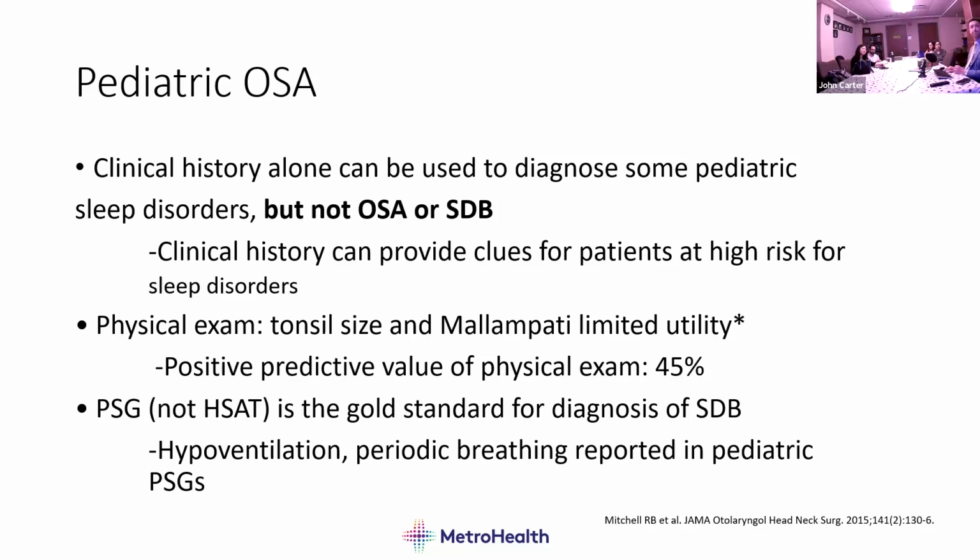You can also get more than just OSA, right? You're looking for sleep disordered breathing as the broad spectrum. It can pick up on hyperventilation and periodic breathing, which is reasonably common in kids. Additionally, we tend to see more so-called neurological sleep issues in kids. Pediatric epilepsy during sleep is way more common than epileptiform discharges in adults.